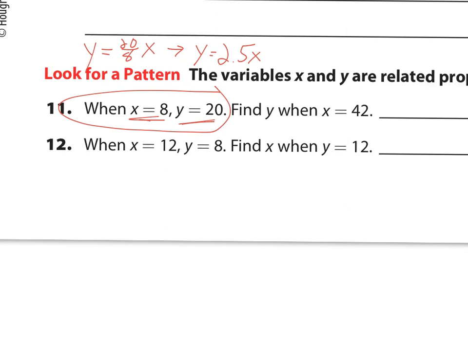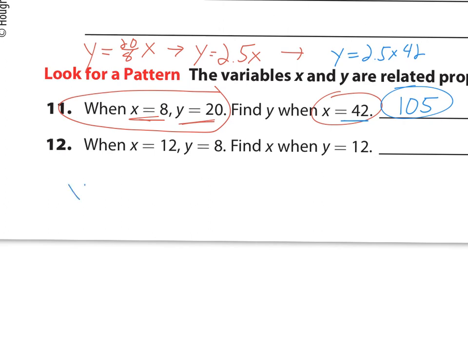All we got to do is plug in 42 for x. How do you plug that in? Instead of an x, put 42. So in that same calculator, what's 2.5 times 42? 105. Now, 12 is a little different.